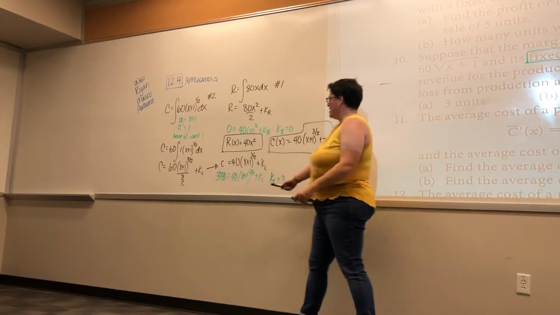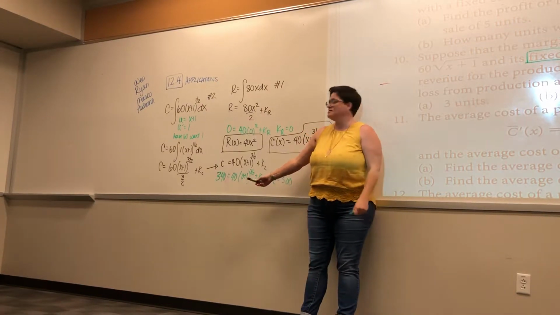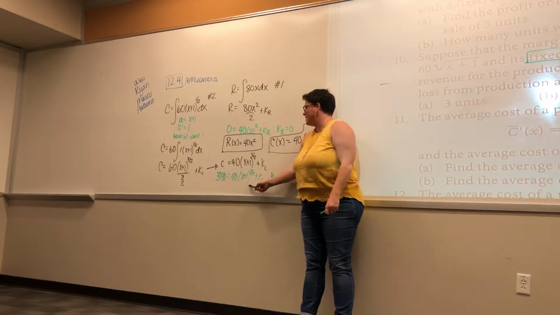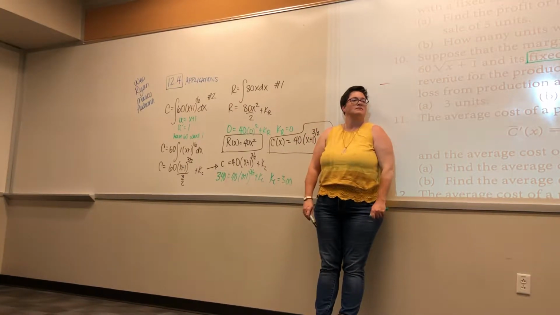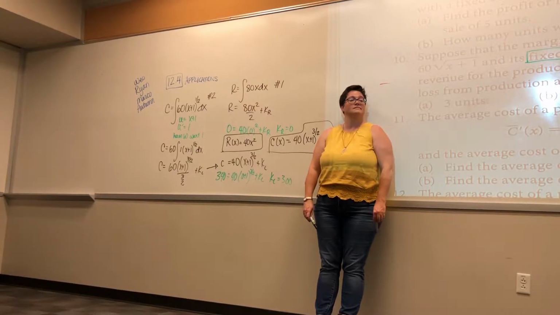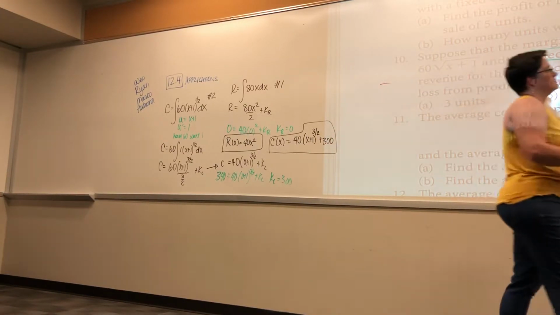Well, at this point, we all agree, right? So if this is 40, subtract 40 from both sides, and what does k sub c equal? I'm talking about the revenue and cost. Oh, yeah, now we subtract them.